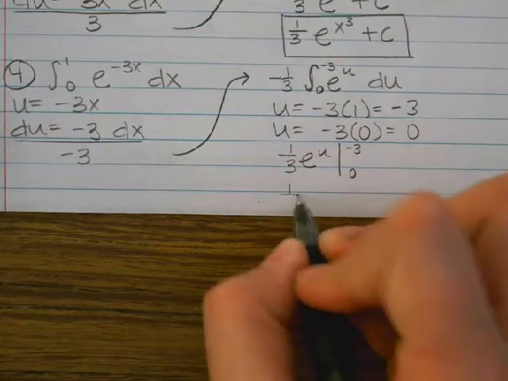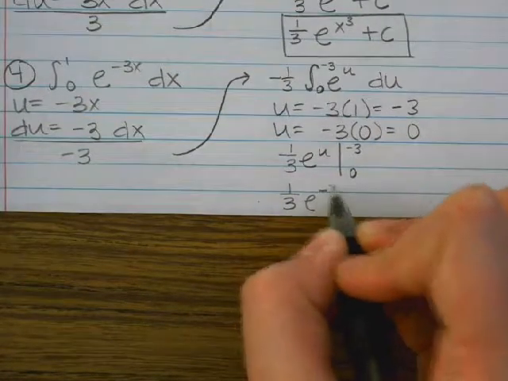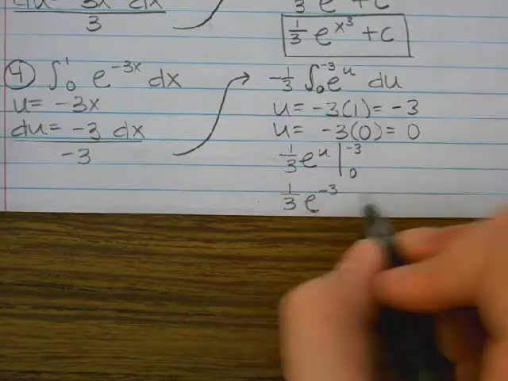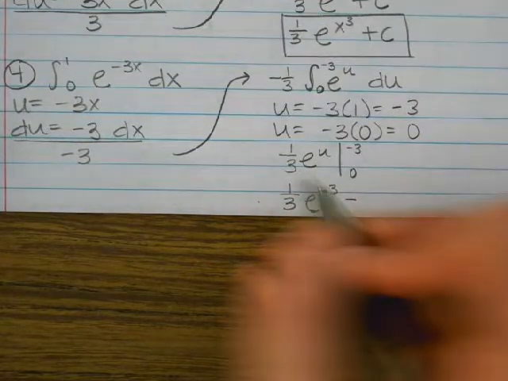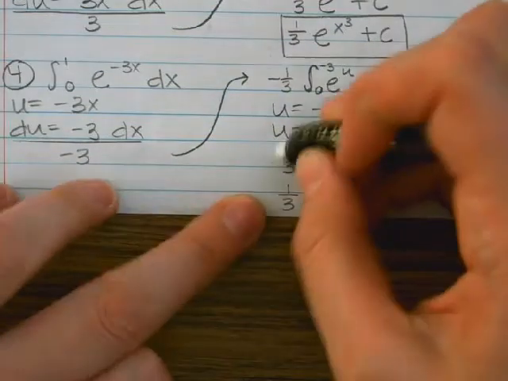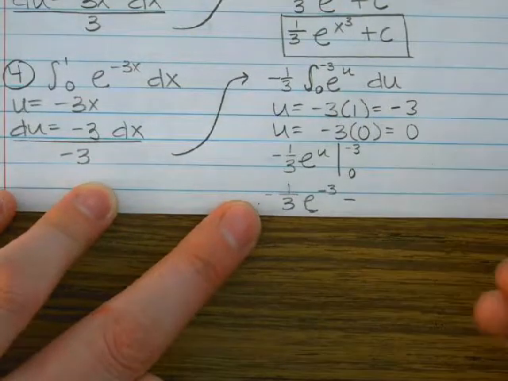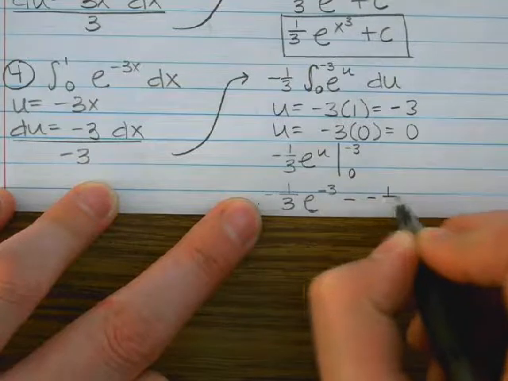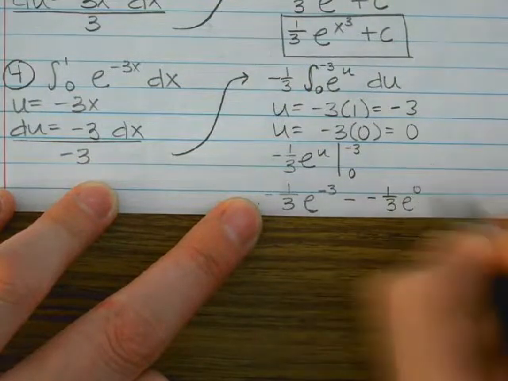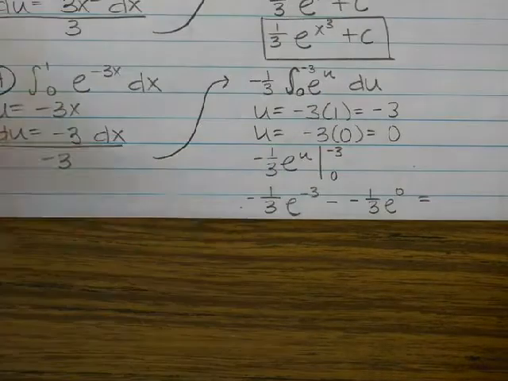So I've got negative 1/3 e to the negative 3 minus, oh, and that was a negative 1/3. You can't see it very well because my negative went with my fraction. So negative 1/3 e to the negative 3 minus negative 1/3 e to the 0. And what does that give us if we simplify it?